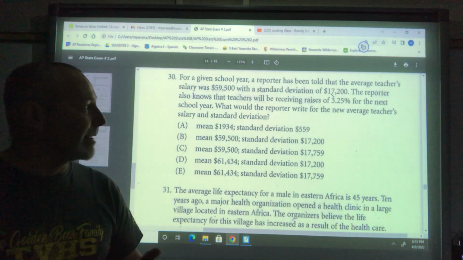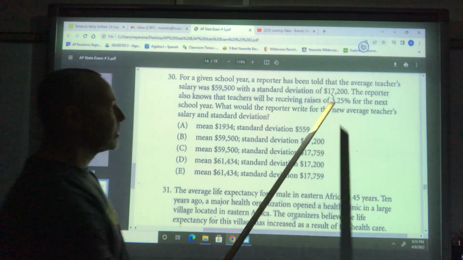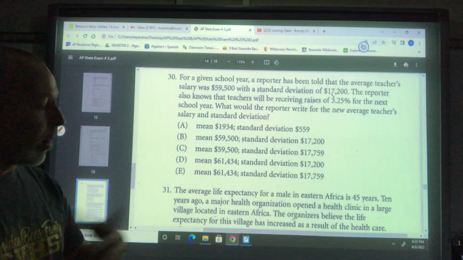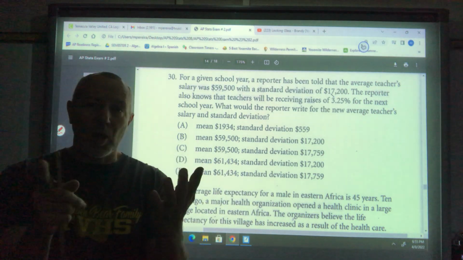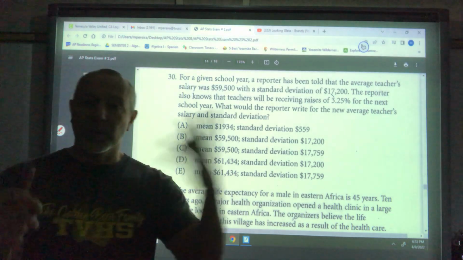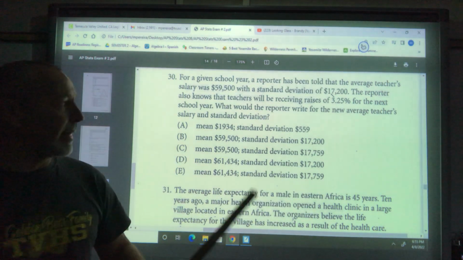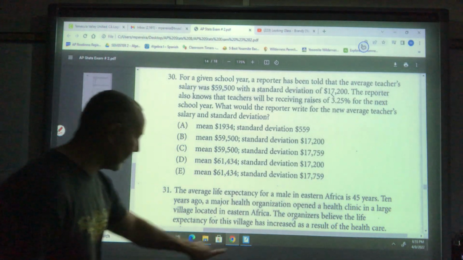So the standard deviation in that case wouldn't change at all. But ours, we're multiplying them all, and they're all different. So think about our range. If I go from 0 to 50, and I times them all by 2, now it goes from 0 to 200. Do you see how that multiplied? So I need to multiply the standard deviation by that 0.0325 as well as the mean. Okay, so let's have a look at that.